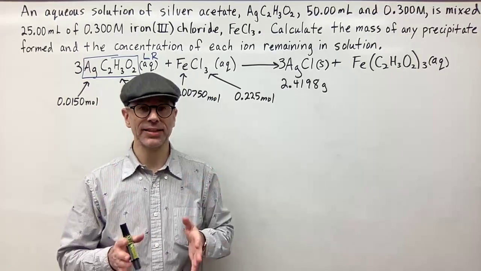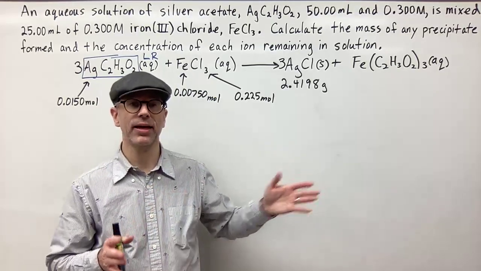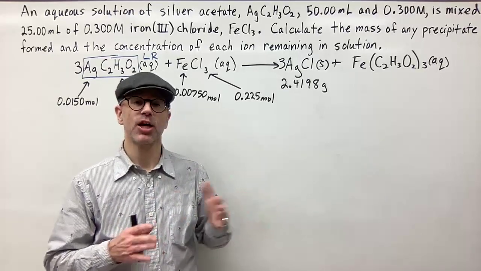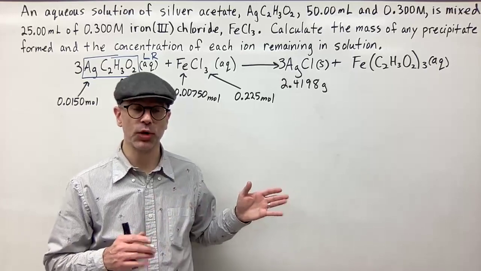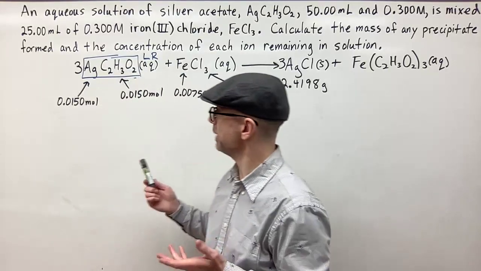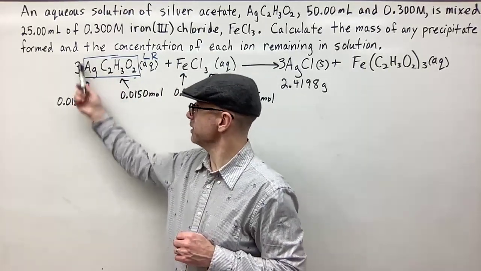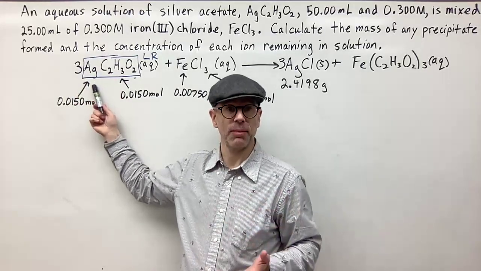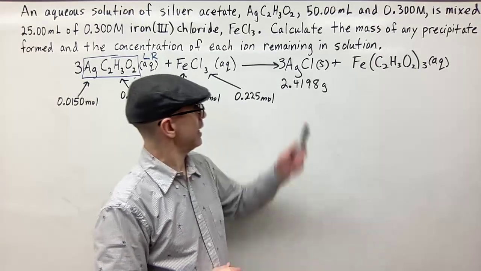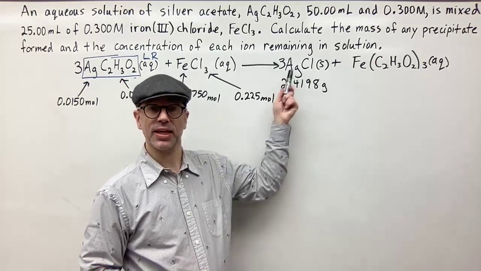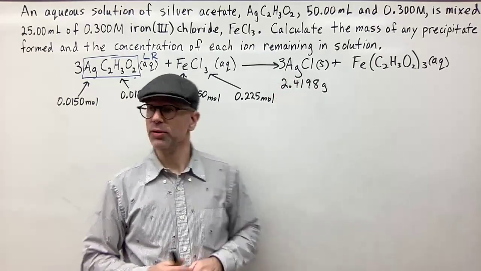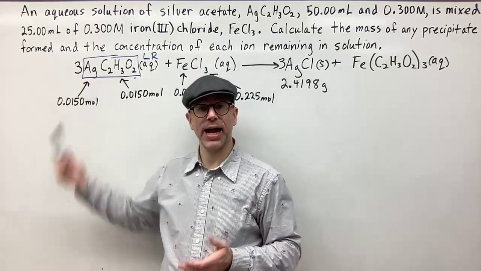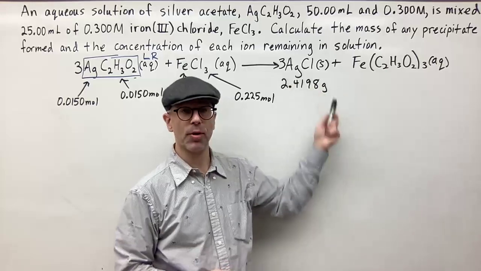What does that mean? It means that the limiting reagent is the reactant that ends up being used up completely during the reaction, so I don't have any more left over. So that means that in this case, all of the silver ion is used up because it ends up in the precipitate. If I had any more silver left over, it would keep reacting to make more of the product.